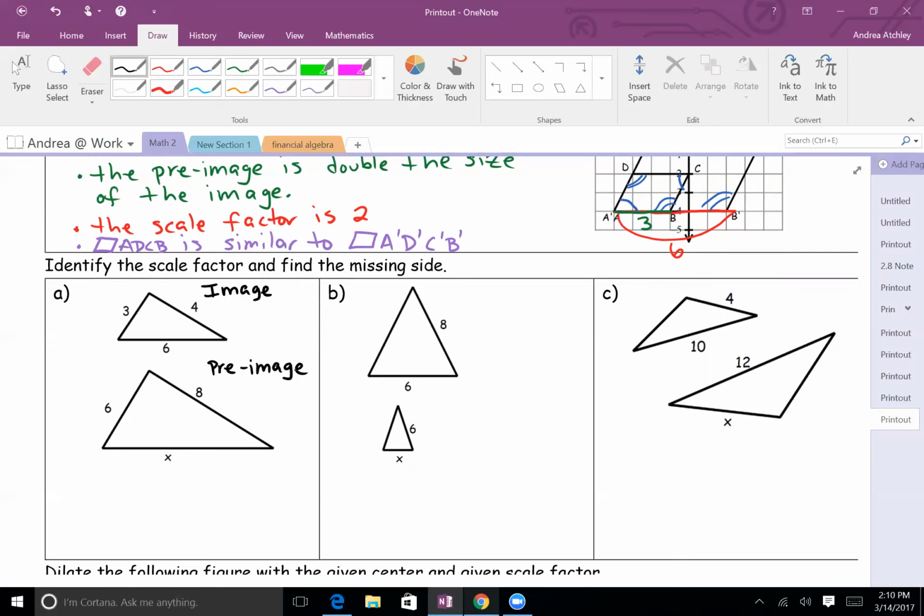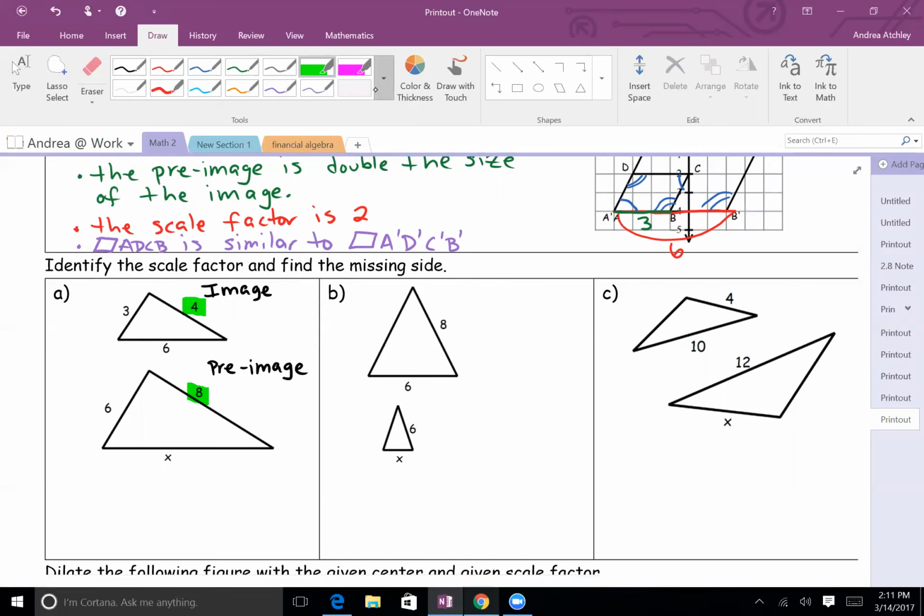Okay, we then want to identify the corresponding parts. So here is 4. On the pre-image, what corresponds to the 4? The 8. That makes sense, because it's the same line. This is just increased by some sort of factor.